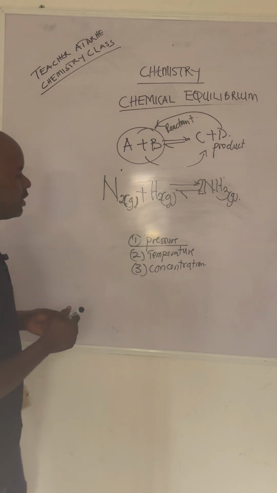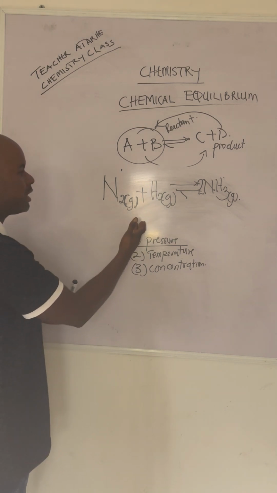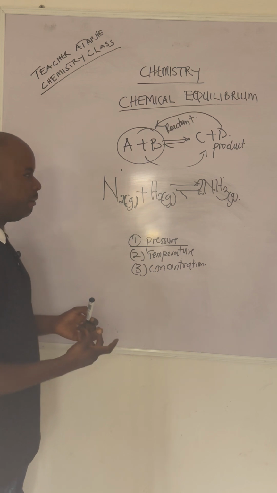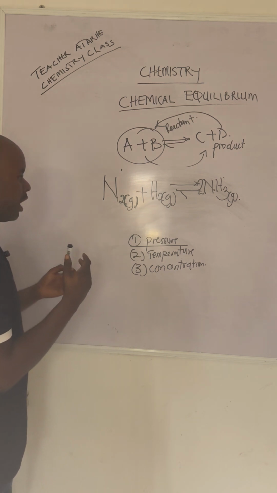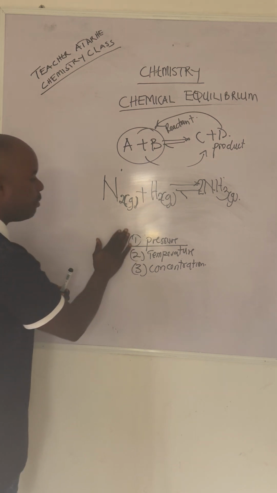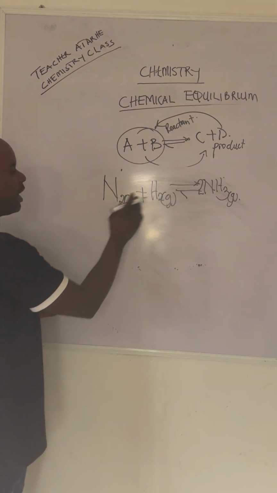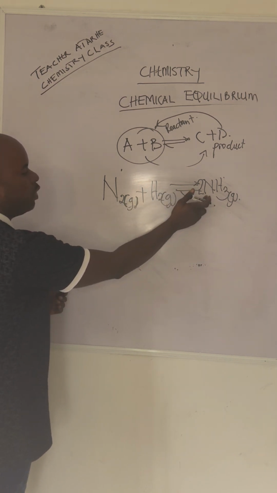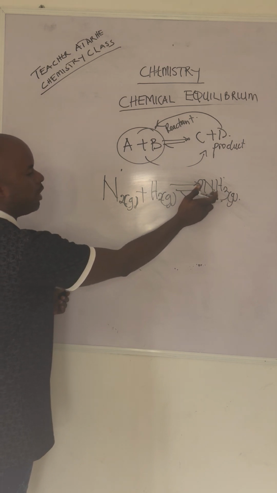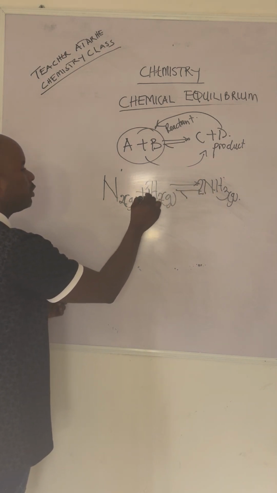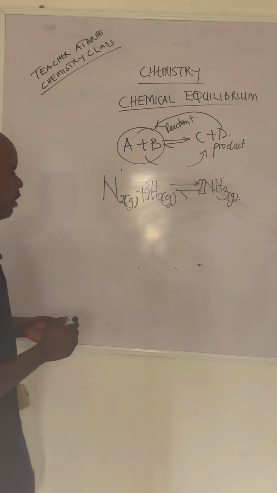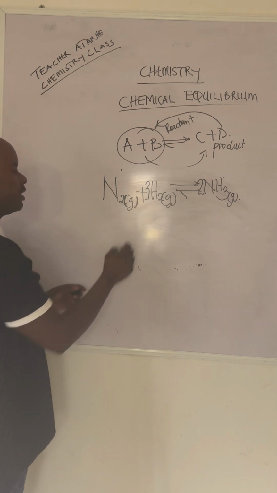The other one, we said the mole ratio of the reactant and of the product must not be the same. For us to have the mole ratio of this equation, we must balance this equation. We have two nitrogen here, we have 6 hydrogen. To balance this equation, to make this hydrogen gas 6, we're going to add 3 to this hydrogen gas.